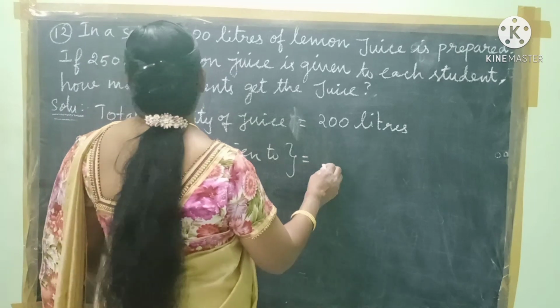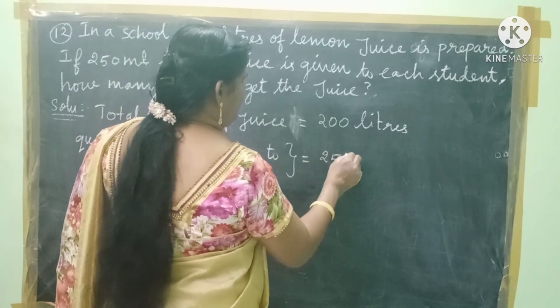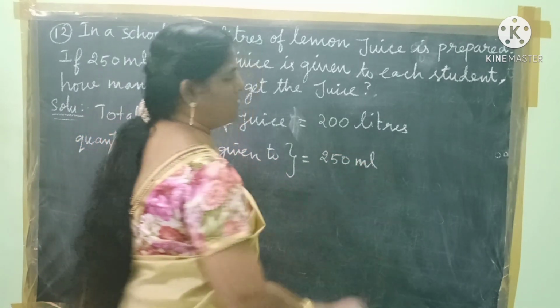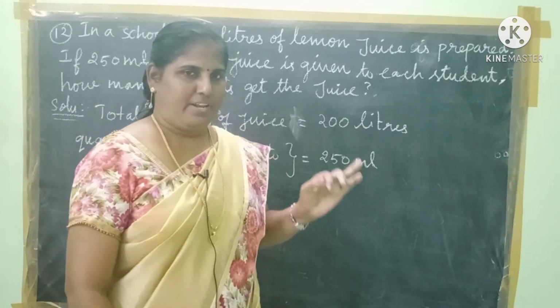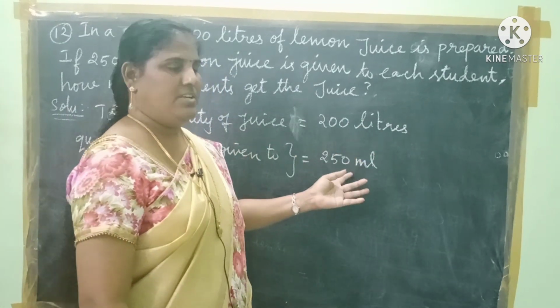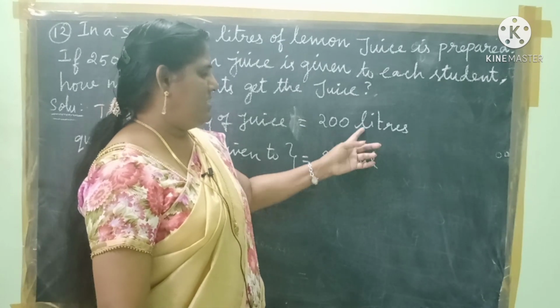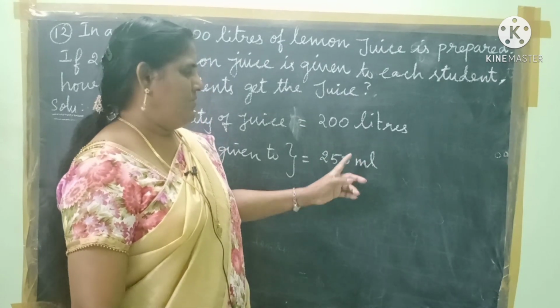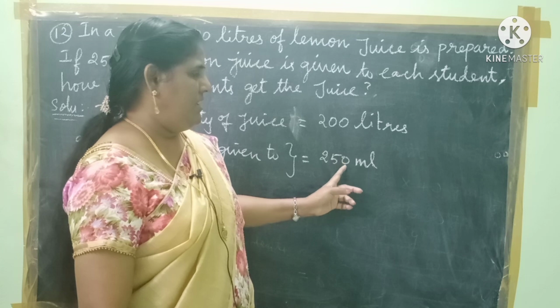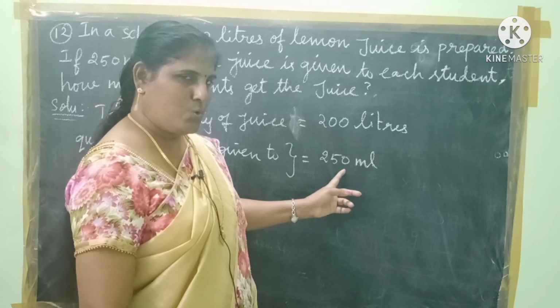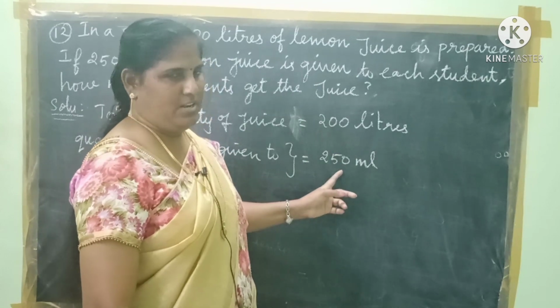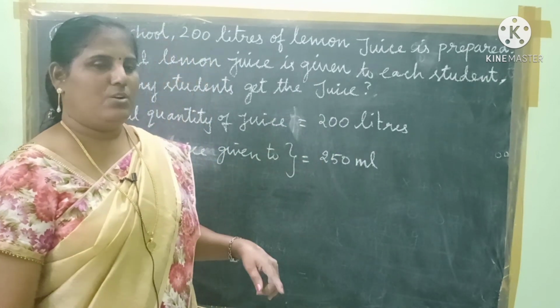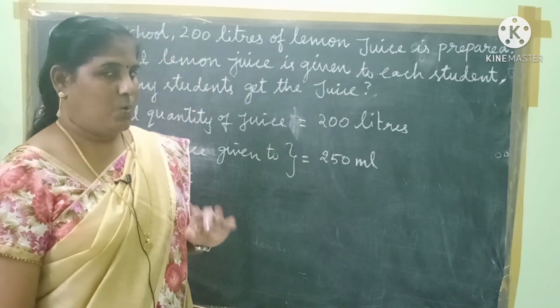how much? 250 ml. So I already told you, if units are the same we can add, subtract, multiply and divide. But see, here it is liter, here ml. We cannot change milliliter to liter because it is so small, but we can change liter to milliliter. So 1 liter equals how many ml? Yes, 1000 ml.